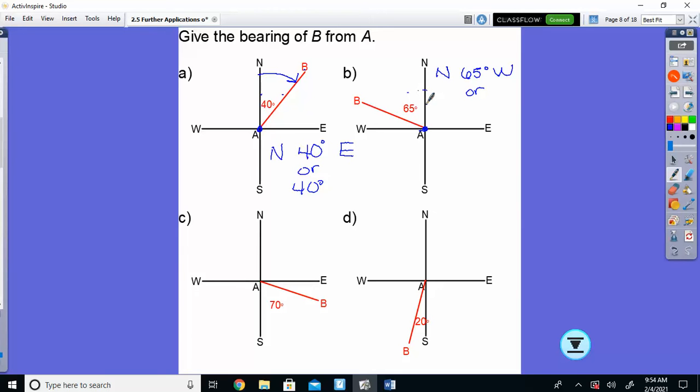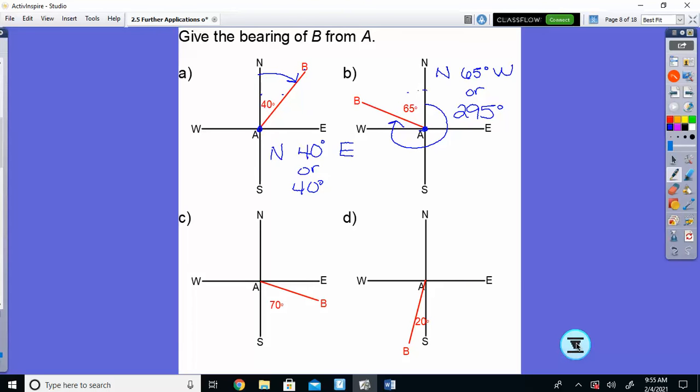That means due north is here. If I go clockwise, how many degrees would I have to travel to get there? We know the whole thing is 360, so if you did 360 minus that 65, you have to travel 295 degrees.